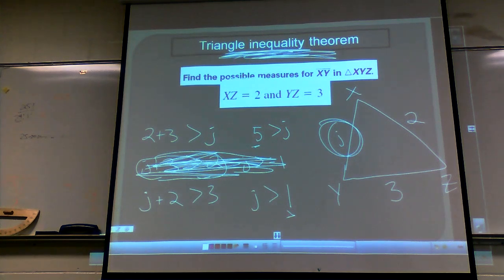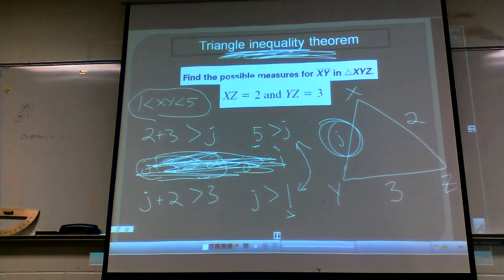You can say the third side for all the possible measures for x, y are in between 1 and 5. I would probably prefer you just to write it like that. This would be a compound inequality using those two inequalities. But anything that shows me that you understand anywhere from 1 to 5, not including 1 and 5, is okay.